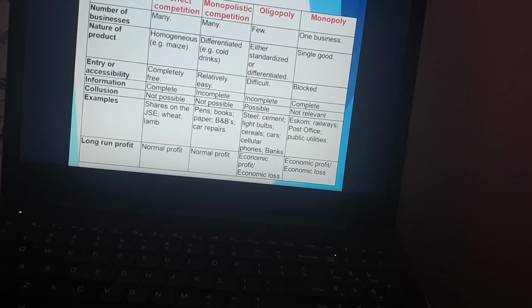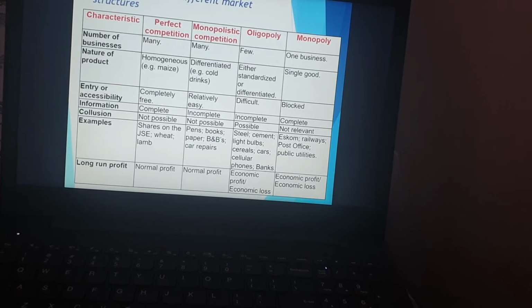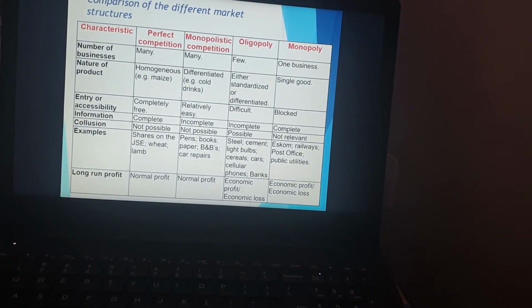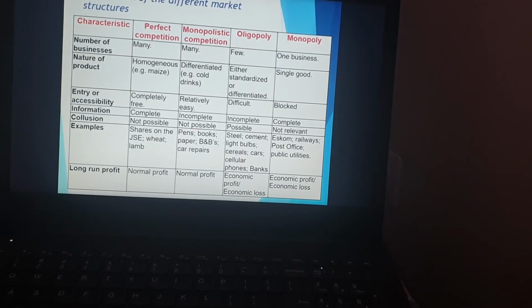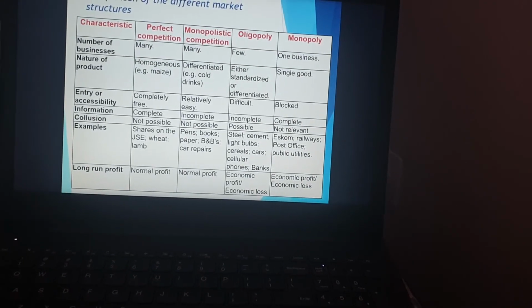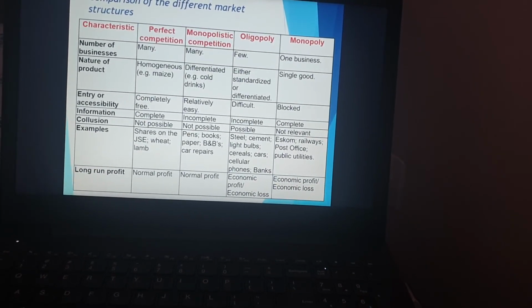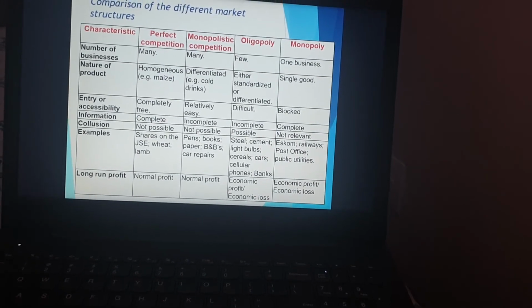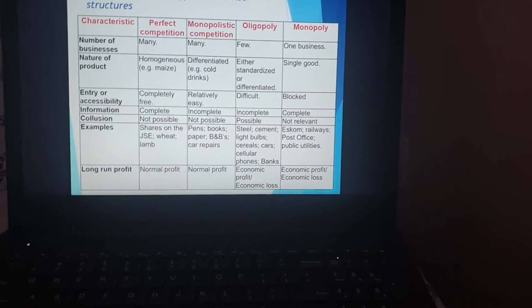Okay, so for my perfect competition, they make a normal profit or loss. Monopolistic competition, normal profit or loss. Oligopoly and also monopoly, they make an economic profit or economic loss. So there they are exactly the same.